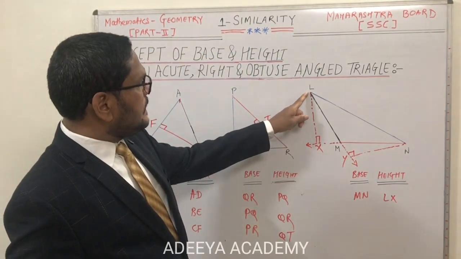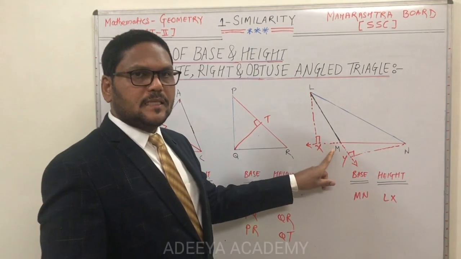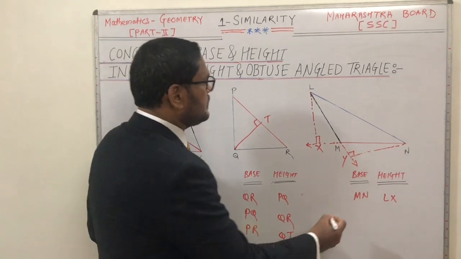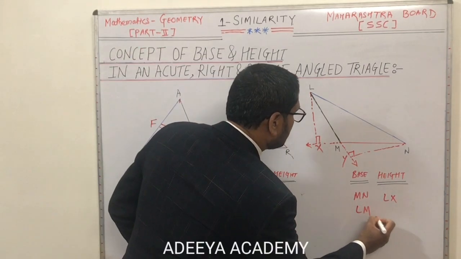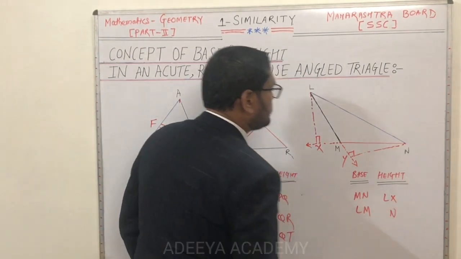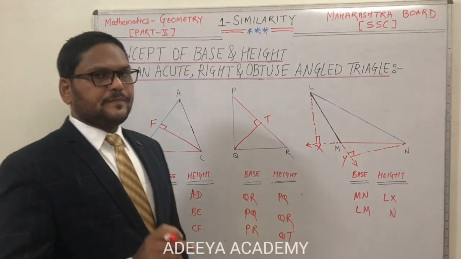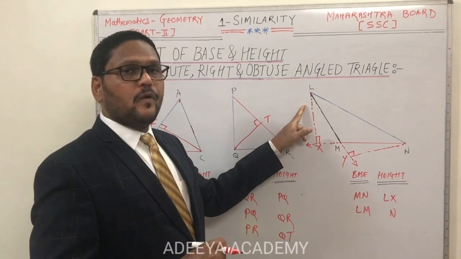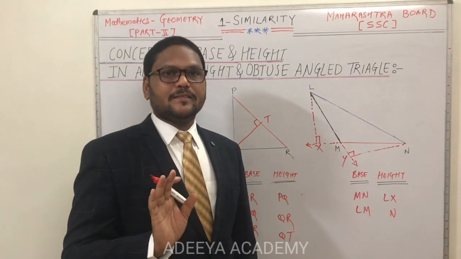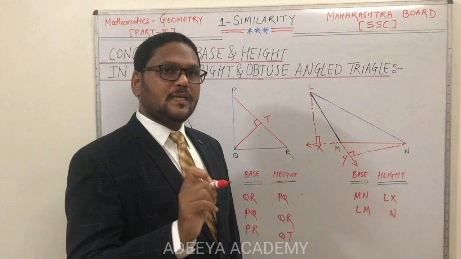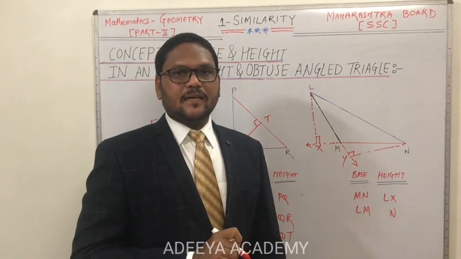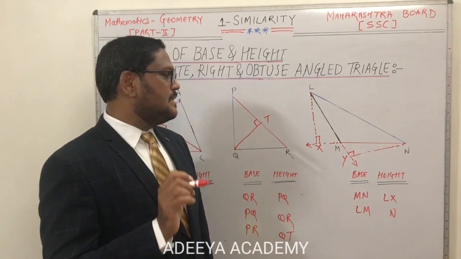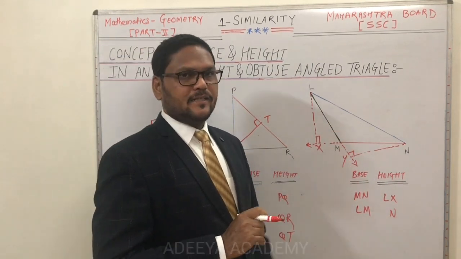Now we can say that LM is a base and its corresponding height is NY. See here, height is always perpendicular to the base and base is always a side of a triangle.